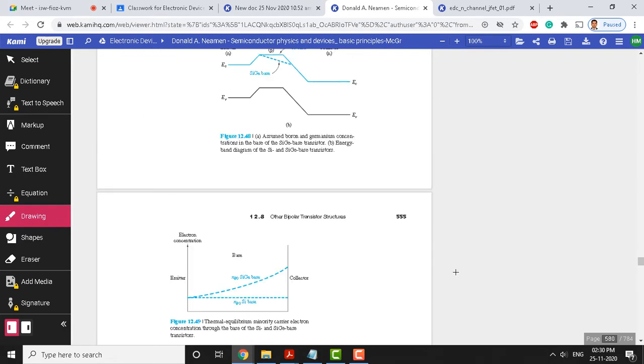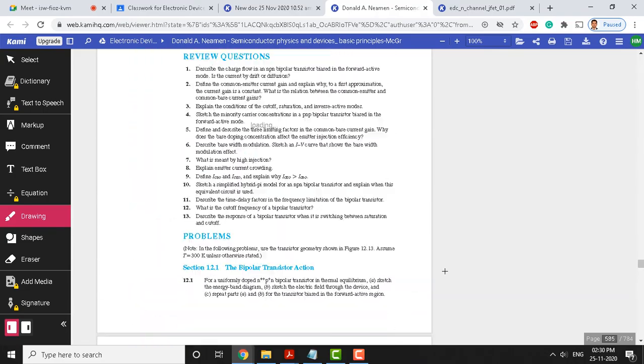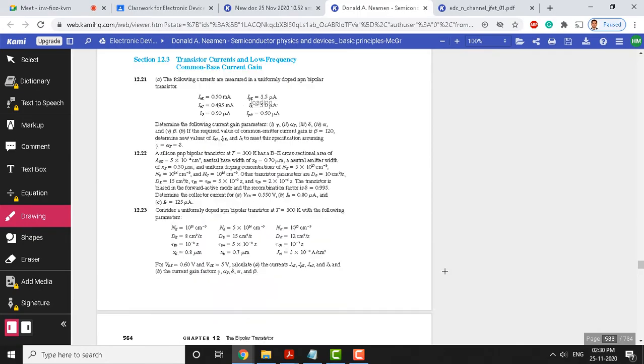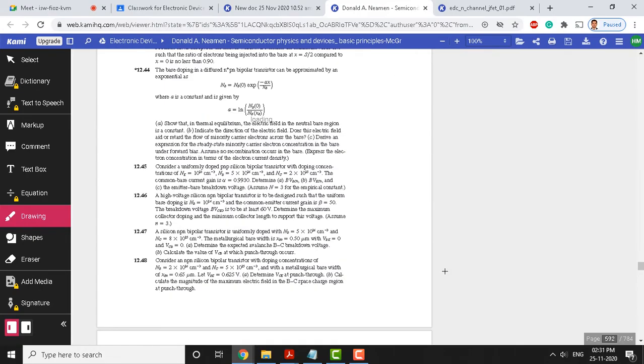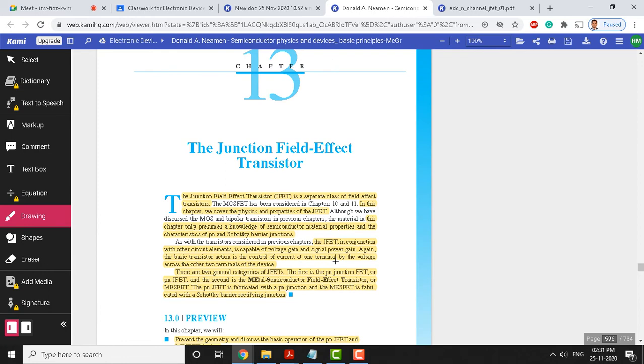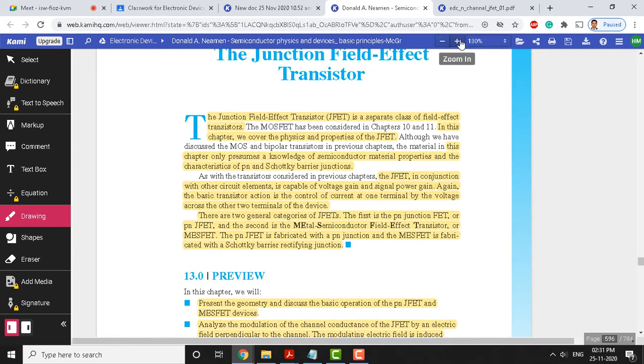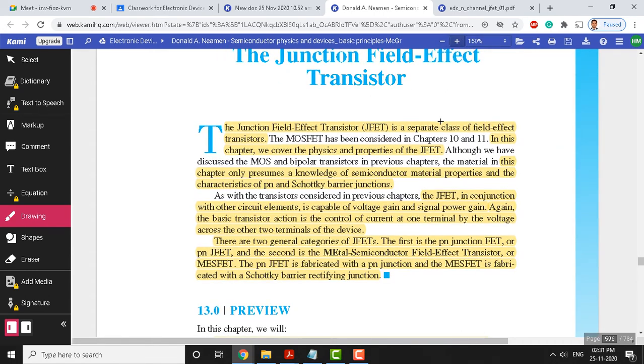Let me move directly to, yeah, we are in the beginning of this. Junction field effect transistor. You can see the various points I have highlighted here, so that you can easily understand the important points.